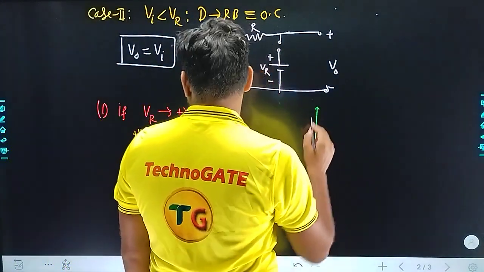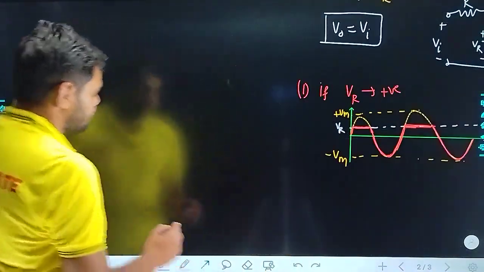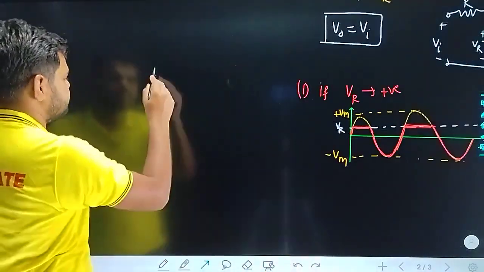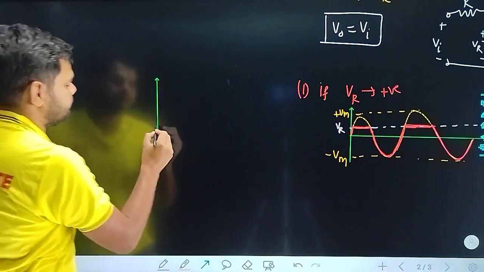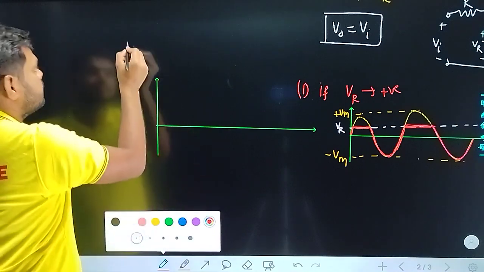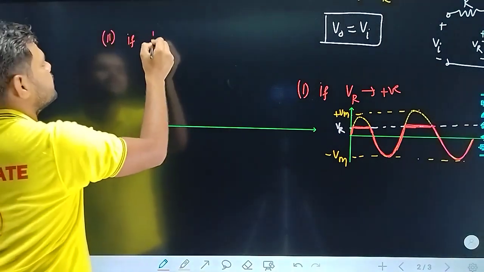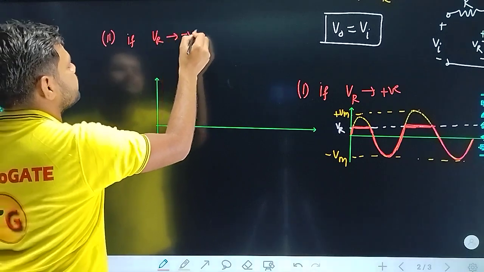Suppose I'm considering the second case, where you may write it out over here. In the second case, guys, I'm considering this V reference to be negative.